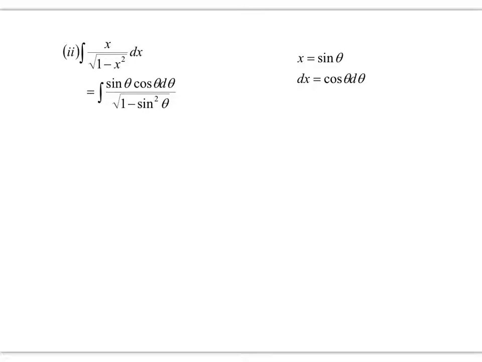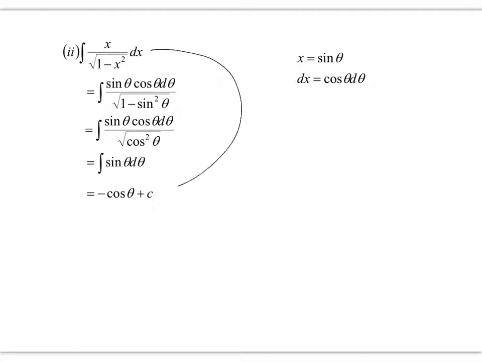1 minus sine squared is the same as cos squared. So this cos squared theta, and then you find the square root, is just cos theta. So all of that cos theta cancels with that cos theta, so you're just finding the integral of sine theta. Integral of sine theta d theta is negative cos theta plus your constant, and then it's in terms of x, but we've got an answer in terms of theta, and then we can obviously draw a right angle triangle.